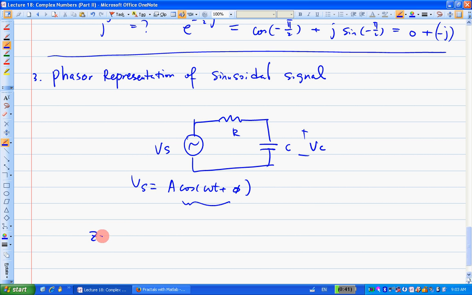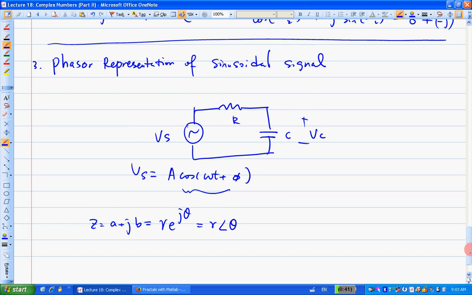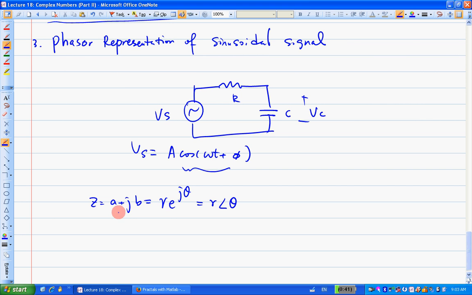So let's go back to our complex number. If you remember, when I have a complex number, I can write it using this exponential format, or now I introduce another one, just call it R angle theta.